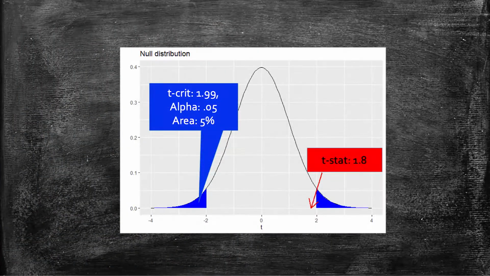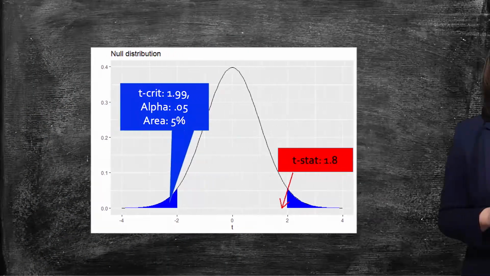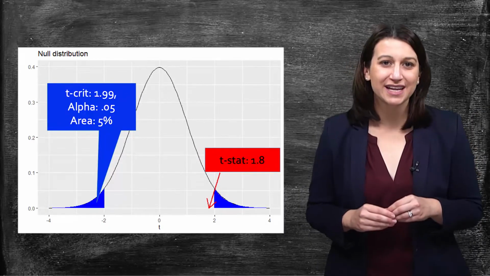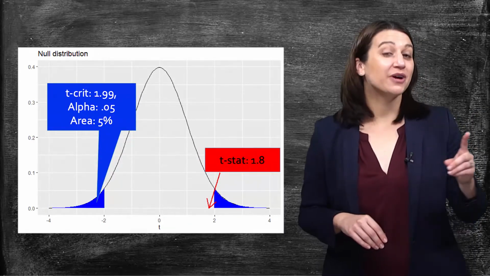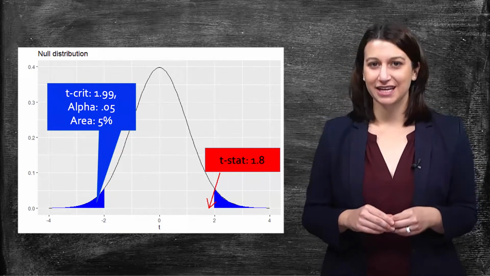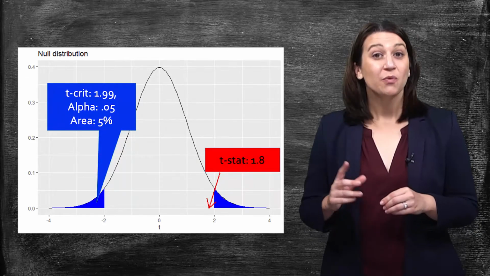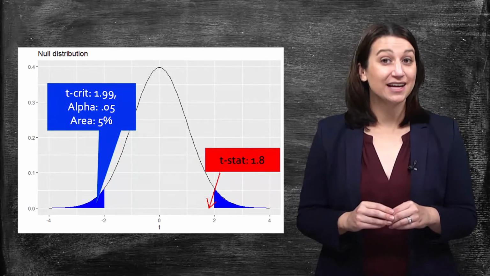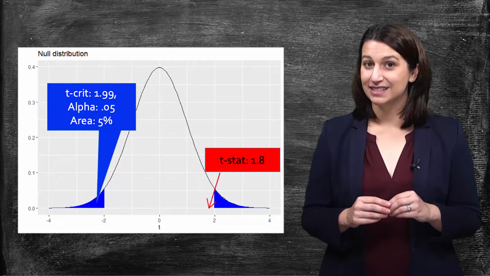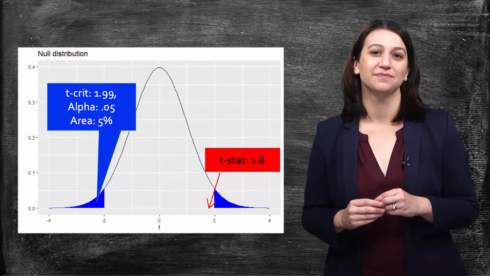Now, let's go back to our test from last time. We determined that with a t-statistic of 1.80 compared to our critical value of 1.99, we would fail to reject the null hypothesis. We can confirm that decision as well by calculating a p-value for our test statistic of 1.80.